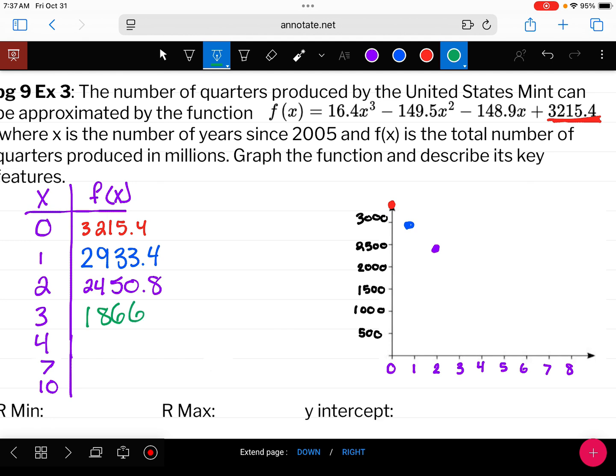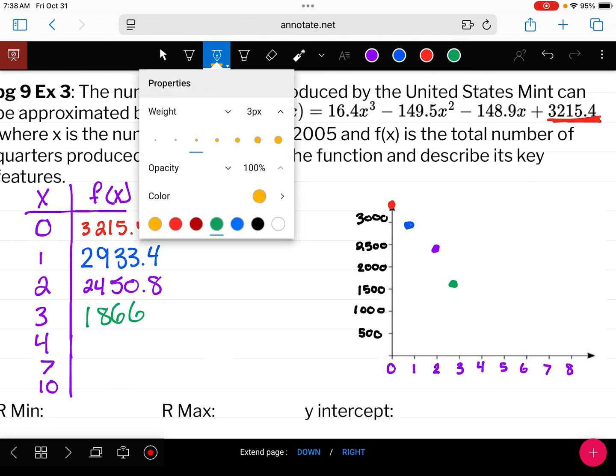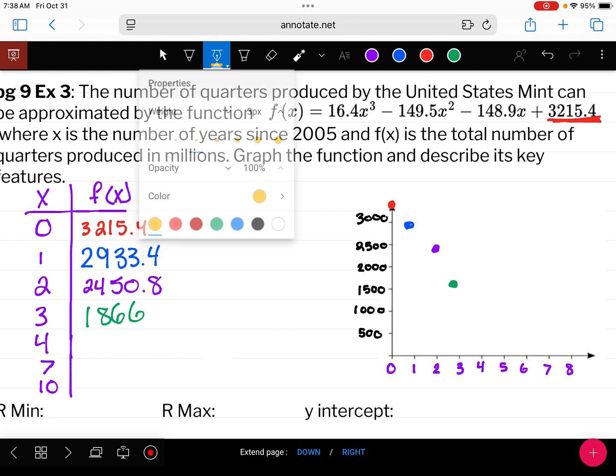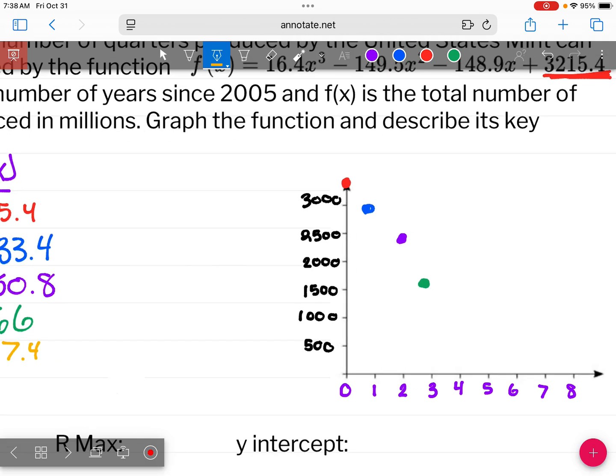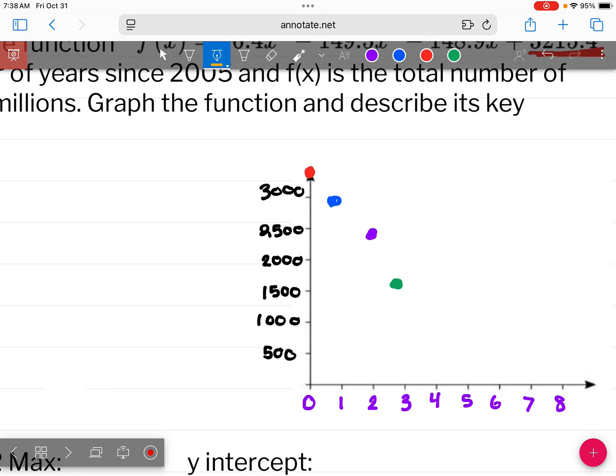So it's dropping a little bit farther. Around there-ish. 1,800. For 4, we should be at about 1,200, 1,277. Which is going to be there-ish.